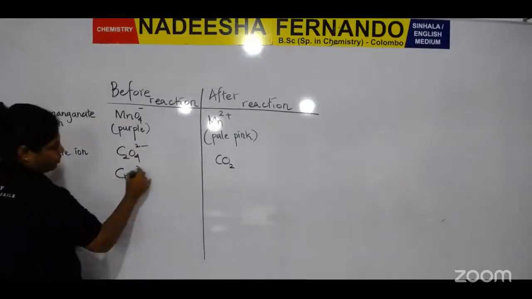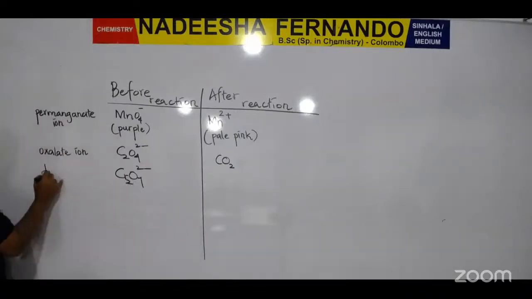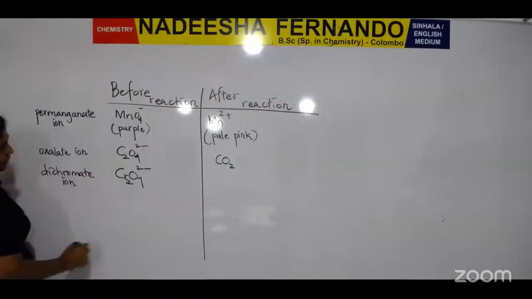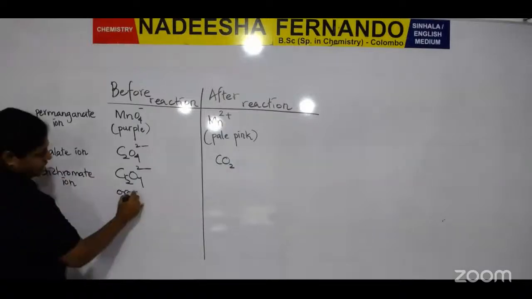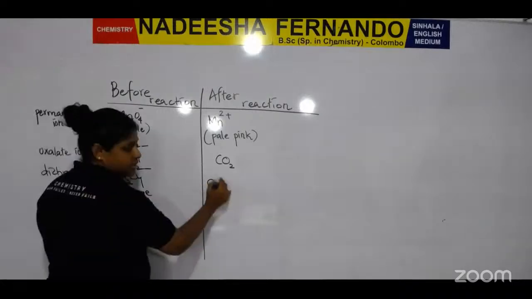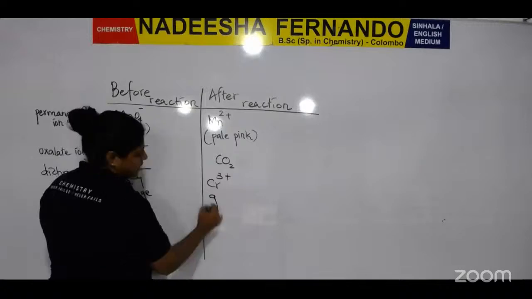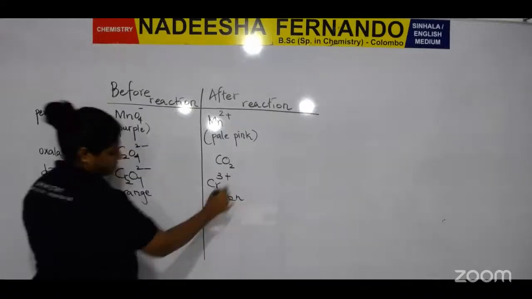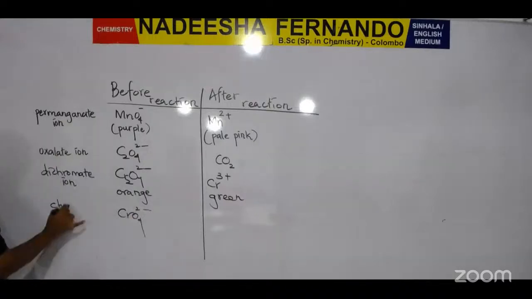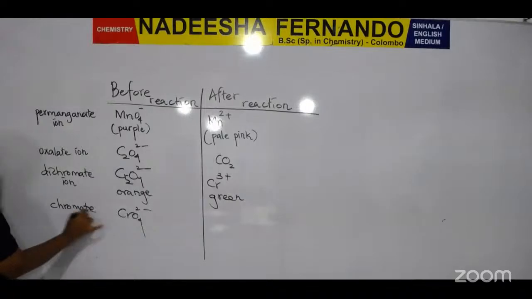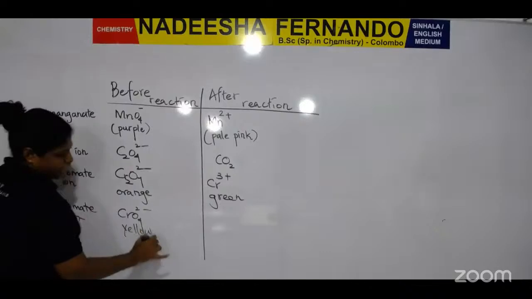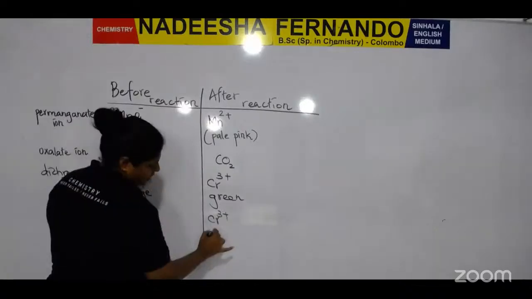Cr2O7 2 minus we call the dichromate ion. The initial color is orange, and it changes to Cr3 plus, which is green. CrO4 2 minus is called the chromate ion. The color is yellow, and it changes to Cr3 plus, again green.